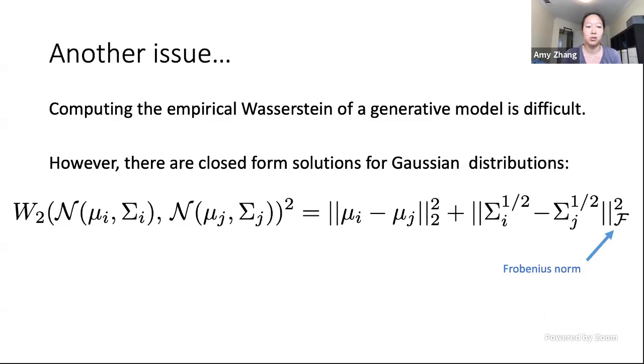Fortunately, there are closed form solutions for Gaussian distributions. And the nice thing here is that because we are learning a latent dynamics model, we can just add another restriction that this model has to be Gaussian, which means that we can now use this closed form.